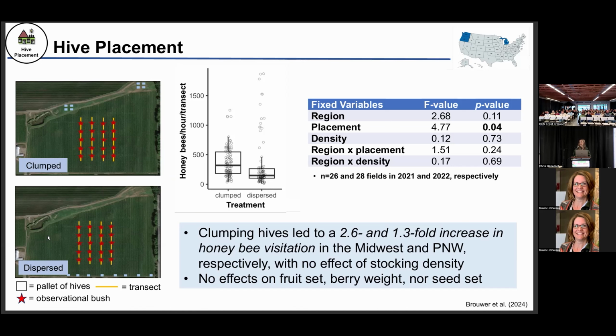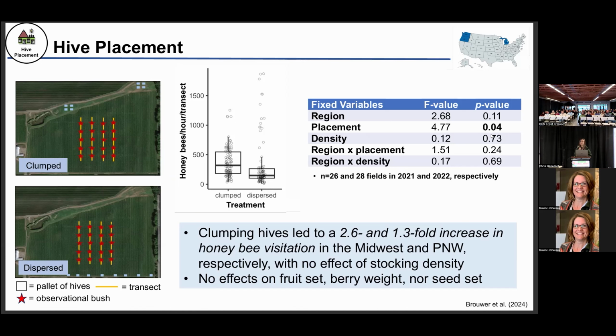And what we saw is that clumping consistently increased honeybee activity relative to the dispersed treatment. And that was what this figure is trying to show. And this table here, it's maybe a little bit nuanced, but what I'm really trying to show here is we looked at all of these different variables. And if you look at this column here, we have a p-value and we have a statistical threshold of significance of p-value 0.05 or less.